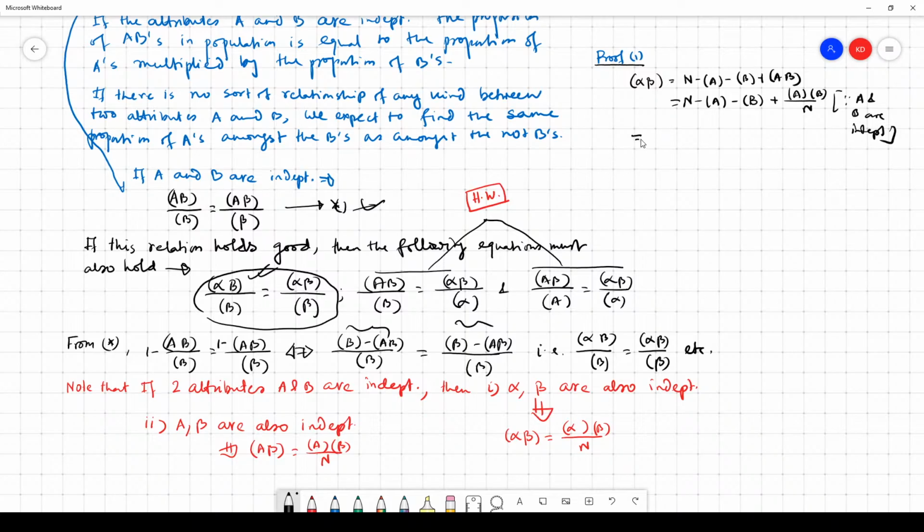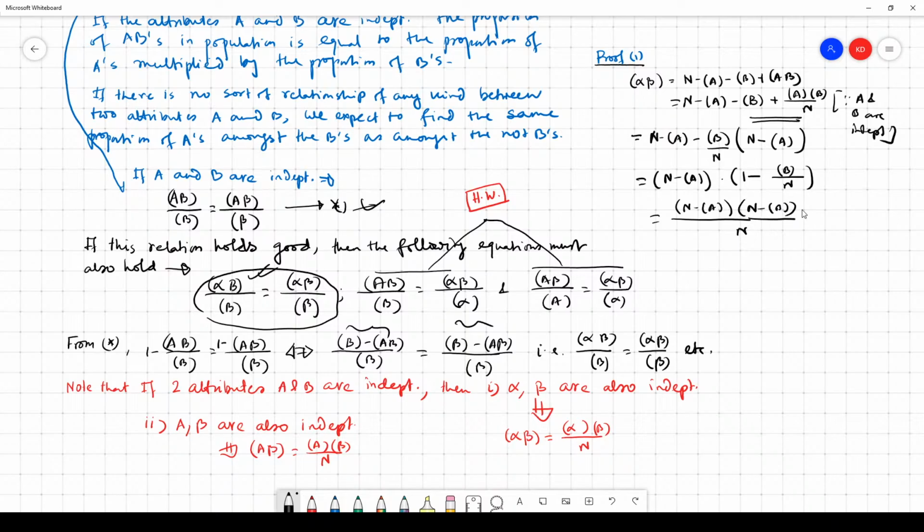Now this is equal to N(1 − A/N)(1 − B/N), which is equal to (N − A)(N − B)/N. So this is nothing but (α)(β)/N.